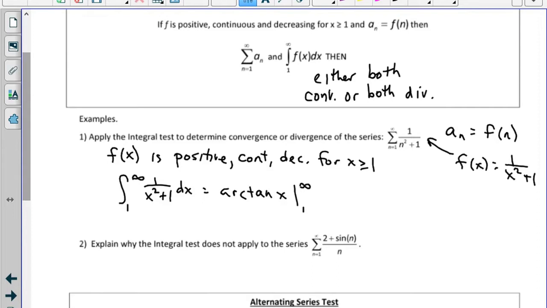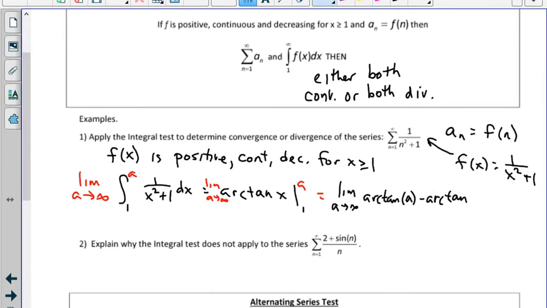I should be a little bit more careful and proper here, so it's the limit as a approaches infinity of arctangent of a minus arctangent of 1.